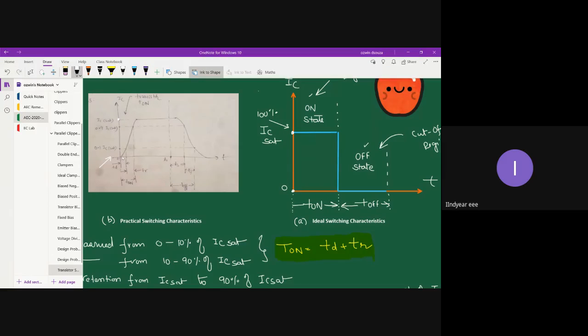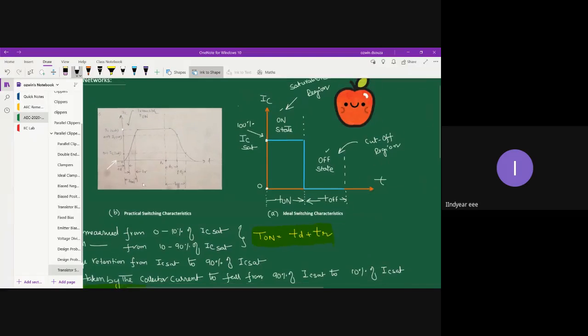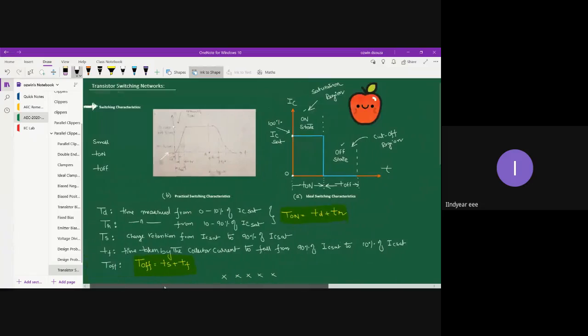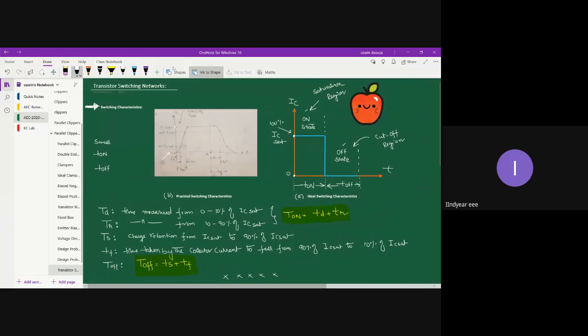Instead, it takes a finite delay time to reach the saturation current. Basically, the time interval T on talks about the turn on time of a practical switch. Now this turn on time consists of two components: the delay time and the rise time. The delay time TD.